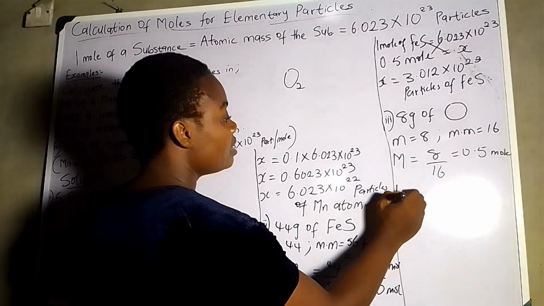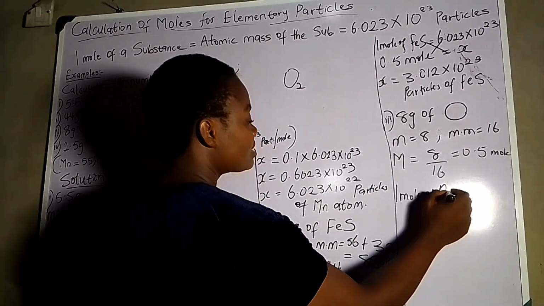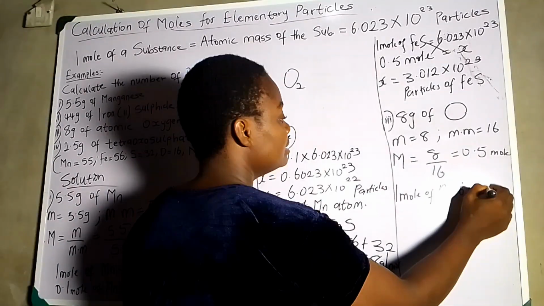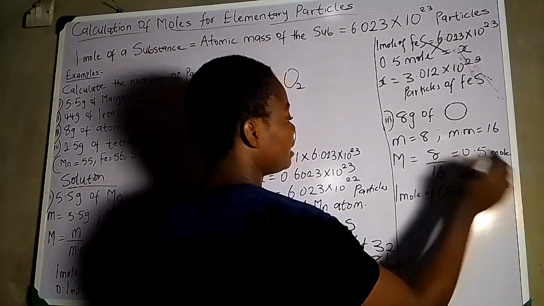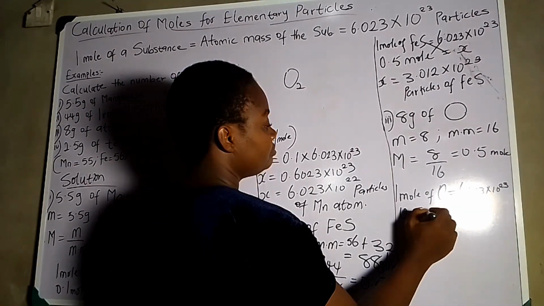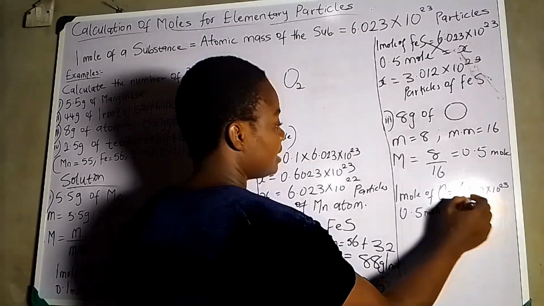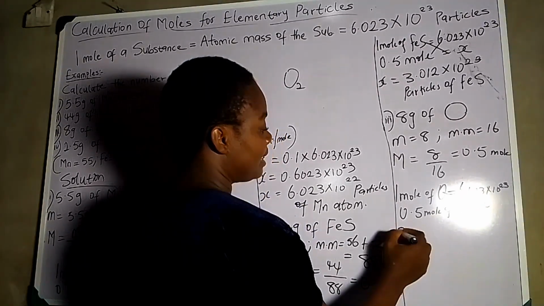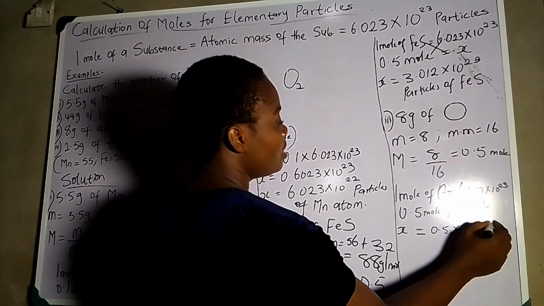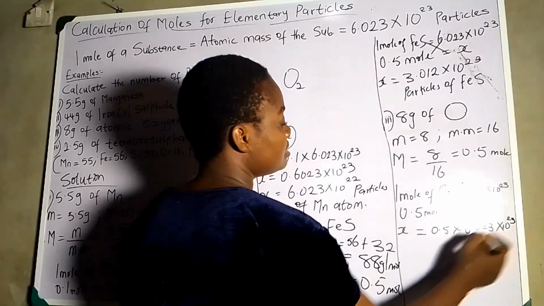So we can now say 1 mole of oxygen contains 6.023 times 10 to the power 23 particles, and then 0.5 mole of oxygen atom contains S. Quickly you do your cross multiply. S is equal to 0.5 times 6.023 exponent 23.